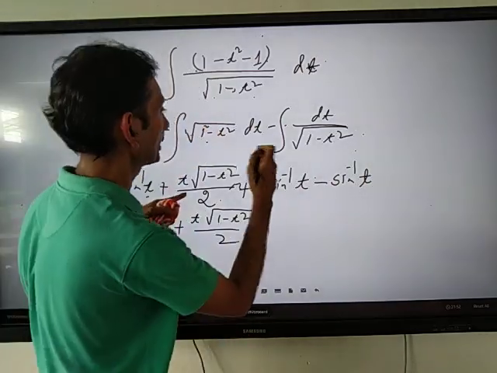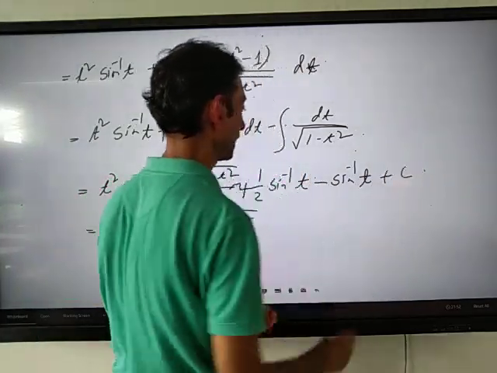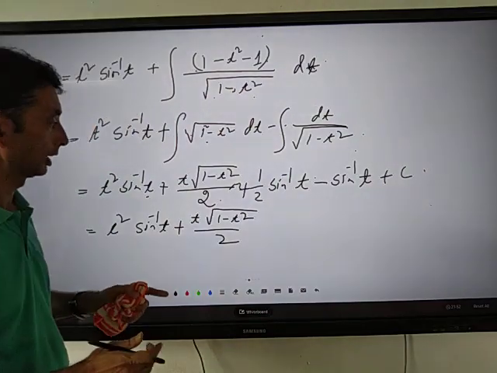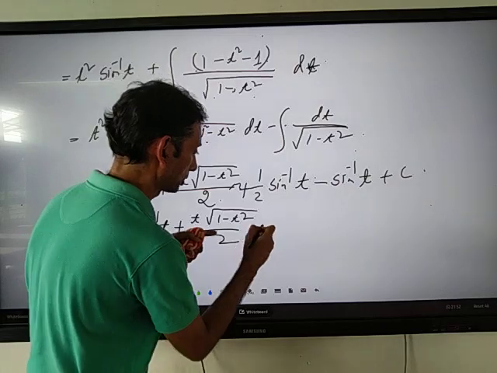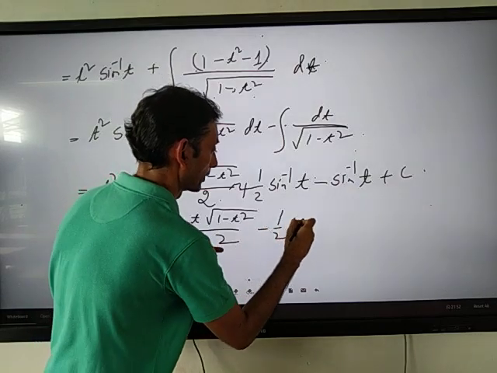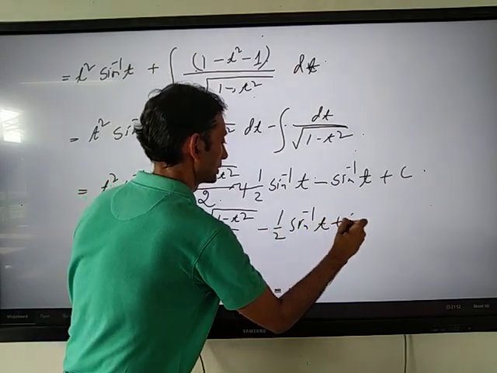Here we have to write a constant after integration. Then half sine inverse t minus sine inverse t gives us minus half sine inverse t plus c.